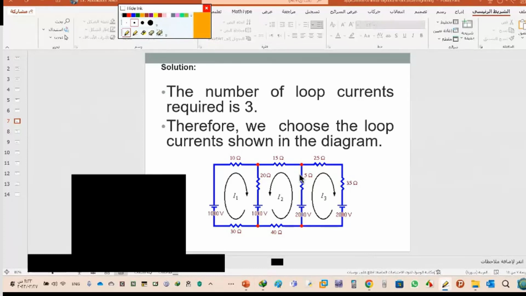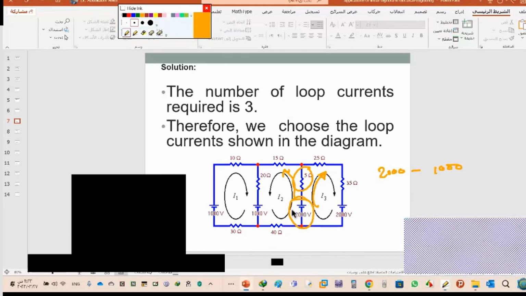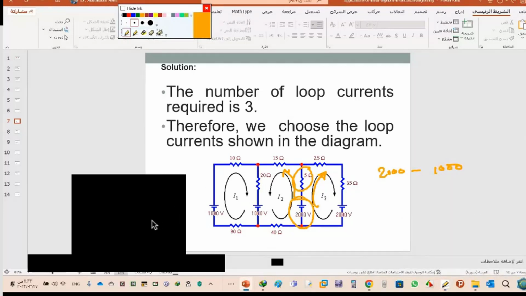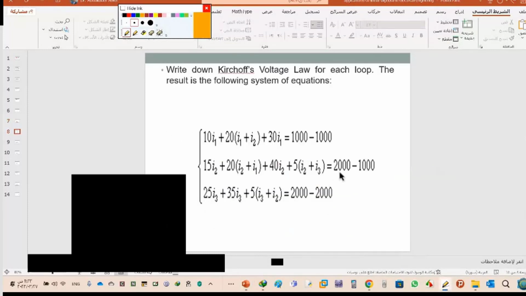I3 same, I2 same direction. Now we have here the volt. Biggest one 2000 minus 1000, biggest one minus smallest one. Okay, so biggest one 2000 minus 1000.